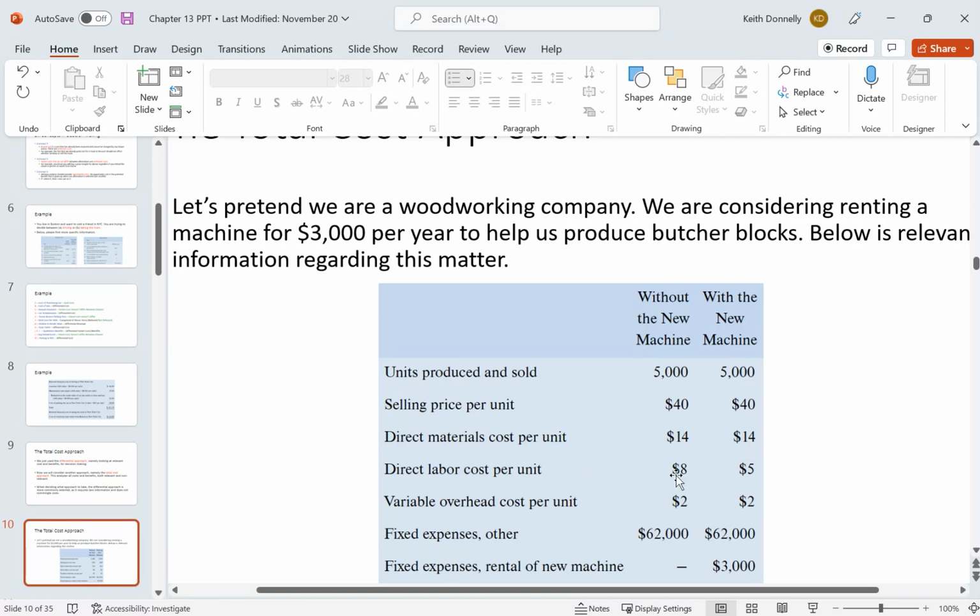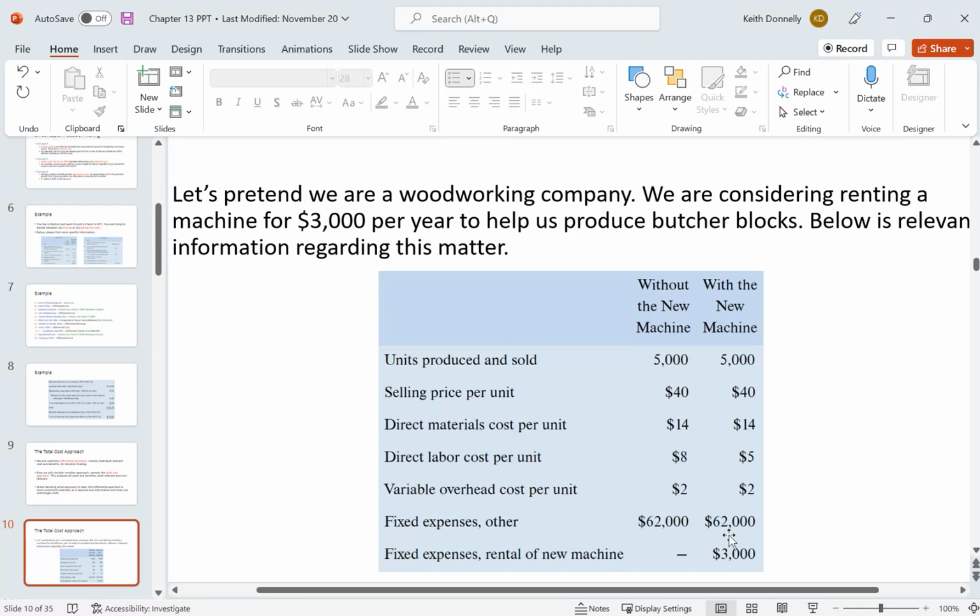What's the direct labor cost? 8 bucks versus 5. That makes sense, right? If you buy the machine, it's cheaper than if you had a human being doing it. Then the variable overhead cost per unit is 2 bucks. Fixed expenses in total, for the other ones, are 62,000. Fixed expenses of renting the machine is 3,000.